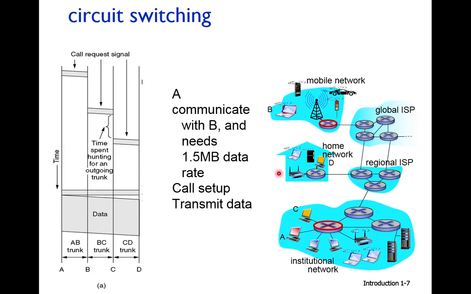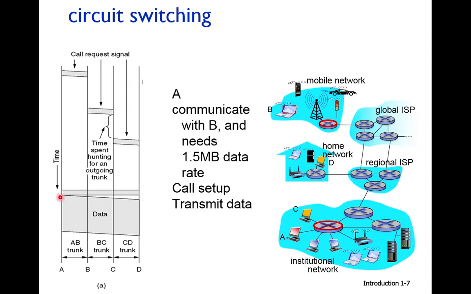After this, when this link says that it can be used, the router sends the request on the next link, and so on. Once the call setup is established, the circuit is established from A to B. After this, the data is moved.